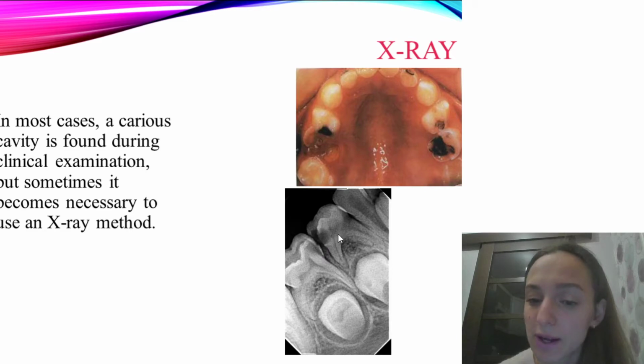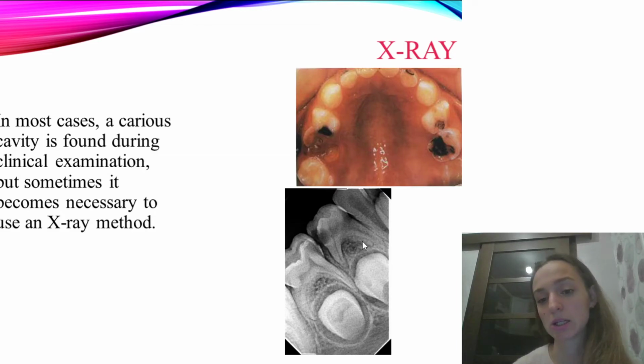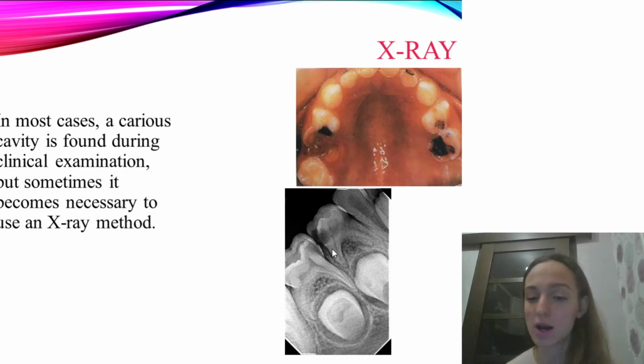It is deep caries, and we can see the nerve in this case, and in such a situation you should work in the root canals. So we should do an endodontic treatment and then restoration.